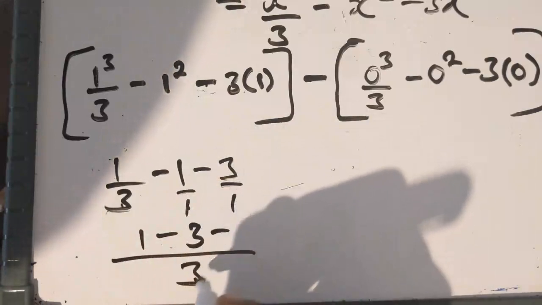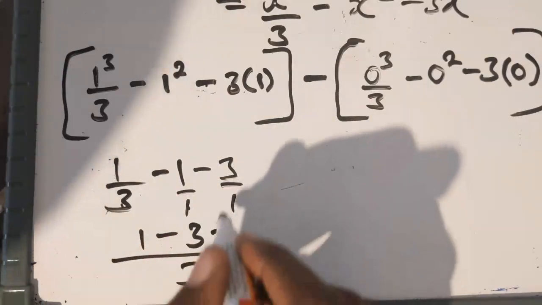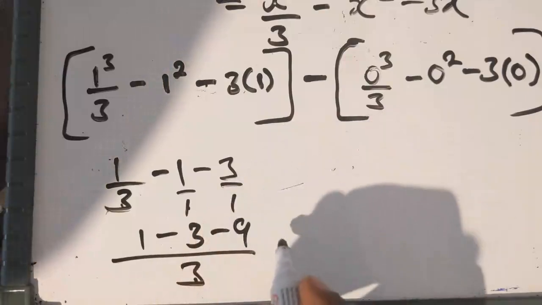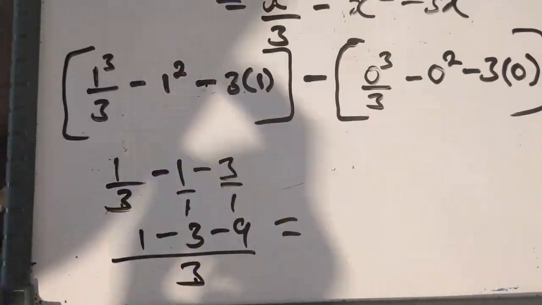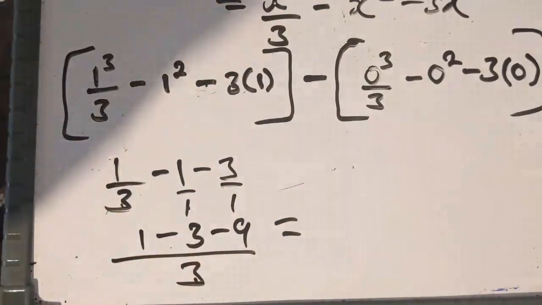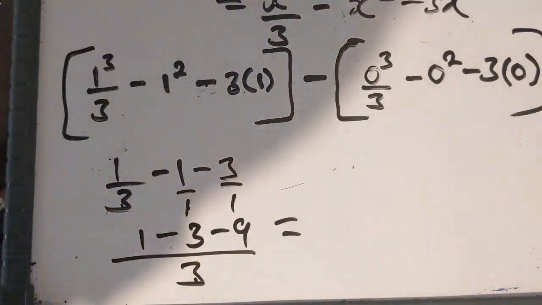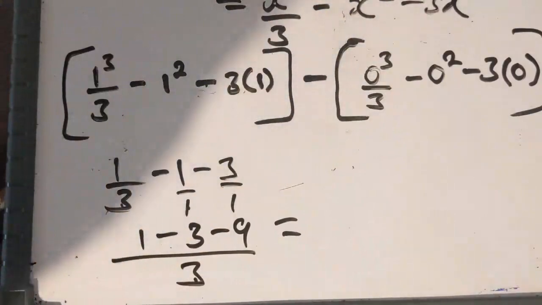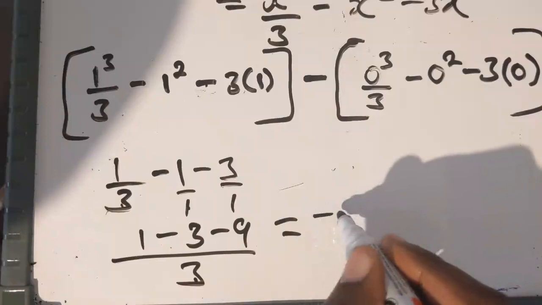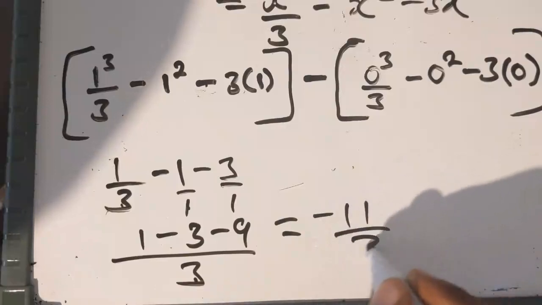Minus 1 into 3, that is 3. 3 times 3, that is 9. Then it's equal to 1 minus 3, it is just negative 2. Then negative 2 plus 9, that is negative 11. Okay, so negative 11 over 3.